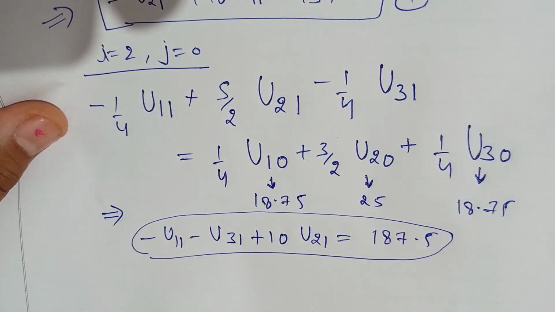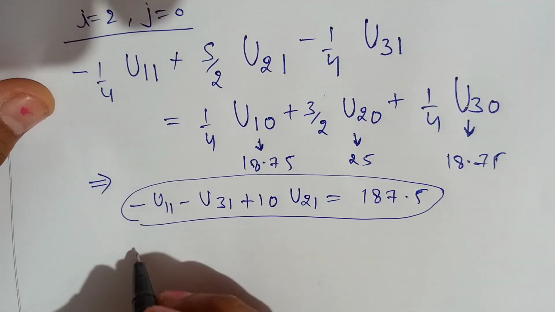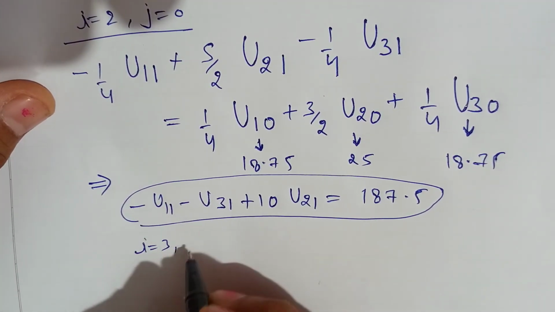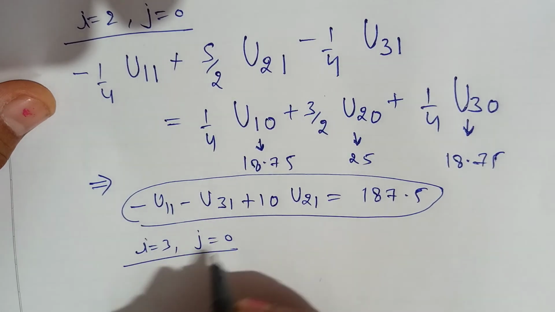And for the third equation, in the same pattern, we put i equal to 3 and j equal to 0.